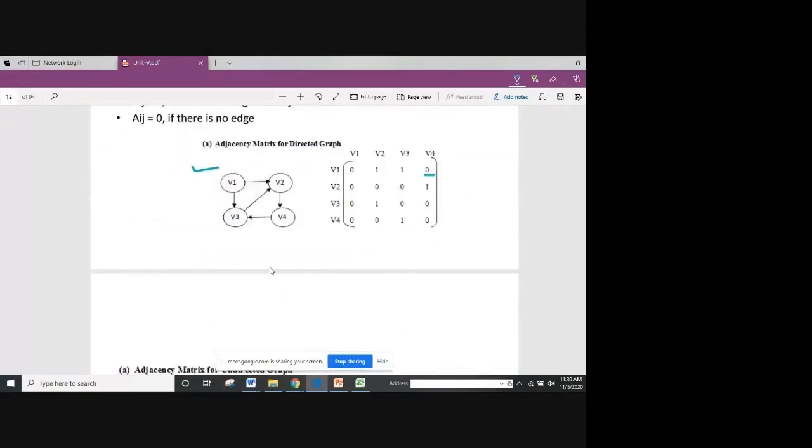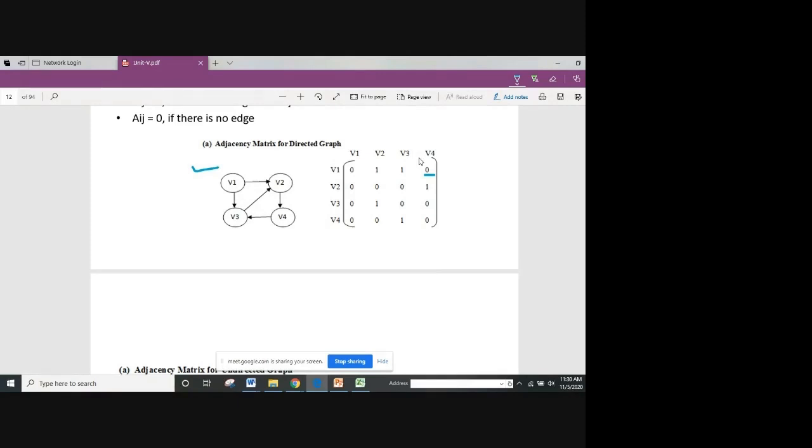From the graph you can find it: V1 has a relation to V2, and V1 has a connection with V3 also. So V2 and V3 are both adjacent, but V4 is not adjacent because there is no connection. But if only the matrix is given, how will you find the adjacent vertices?